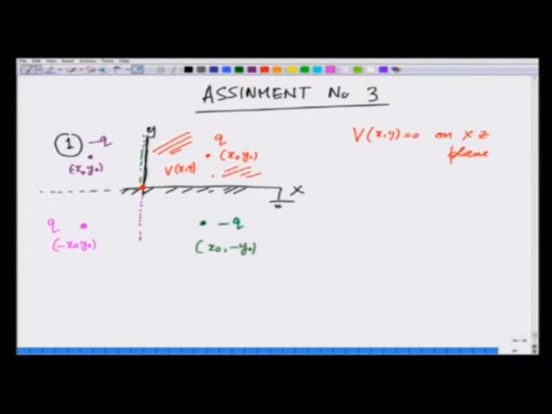So, the image charges are minus q at minus x naught, y naught; plus q at minus x naught, minus y naught; minus q at x naught, minus y naught; and minus q at minus x naught, y naught.